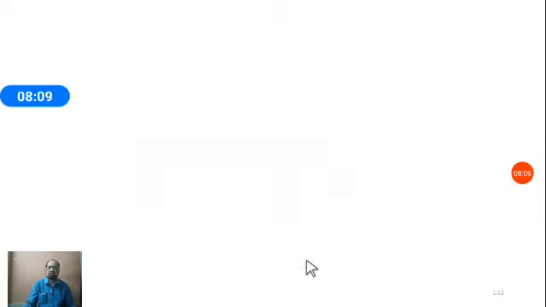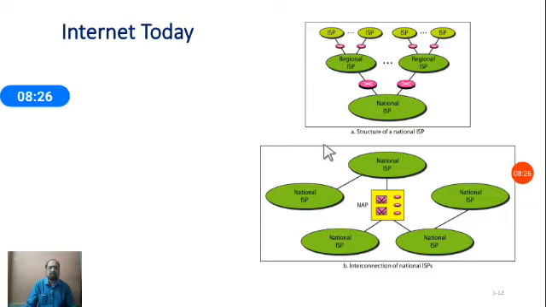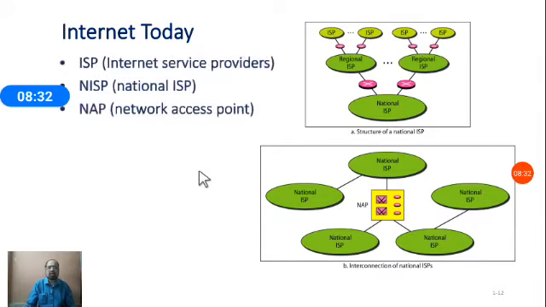Then today's internet, what we can say is that here it is observed the different networks, international service providers, and all these are connected to each other to form the internet. So we can say internet service providers, national internet service providers, and network access points. The yellow marks indicate the network access points.